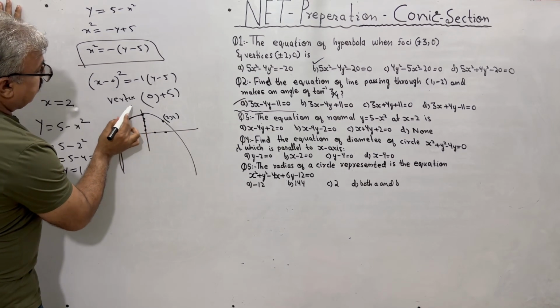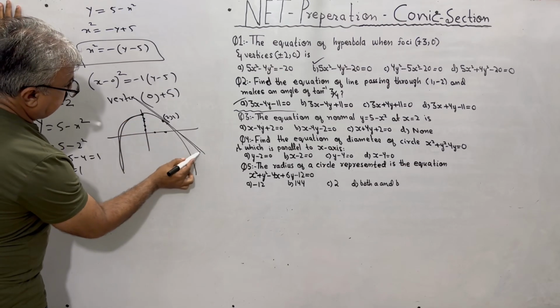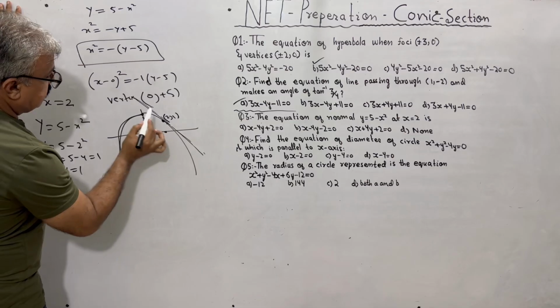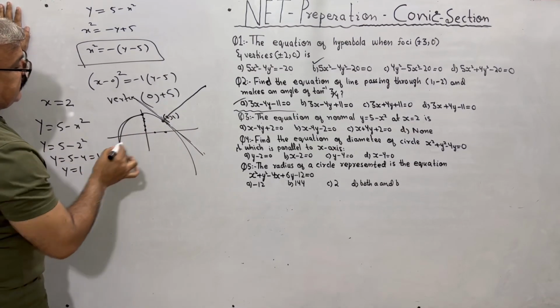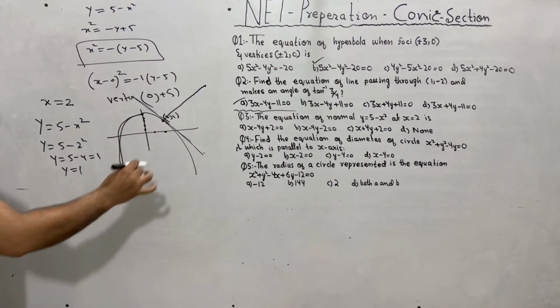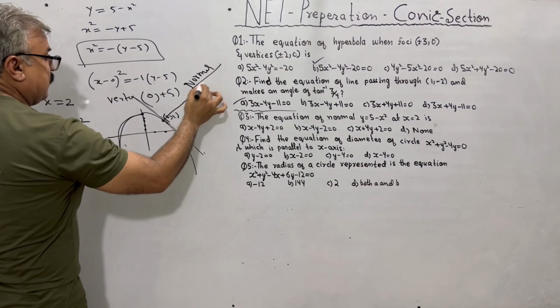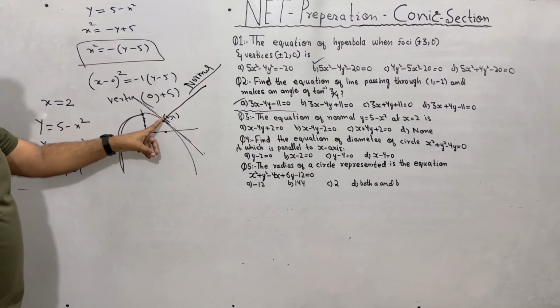If I draw a touching line here, that's our tangent line. The normal is always perpendicular to the tangent at the point of contact. That is our normal line, and we are interested in finding this normal line.